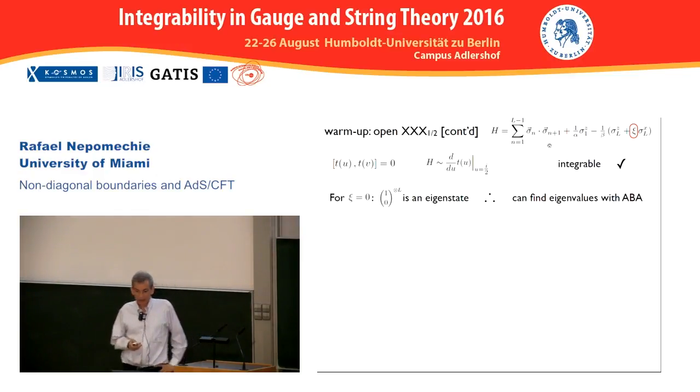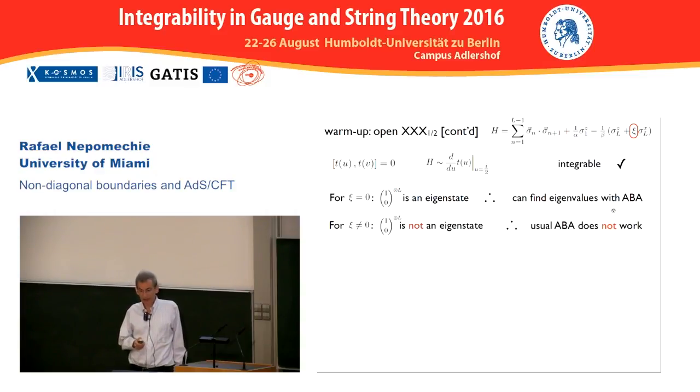Well, if this parameter ξ were 0, then everything would be simple, because then the usual reference state, the spin up at every site, would be an eigenstate of the Hamiltonian and of the transfer matrix, and then we can just turn the crank of algebraic Bethe ansatz and find the eigenvalues.